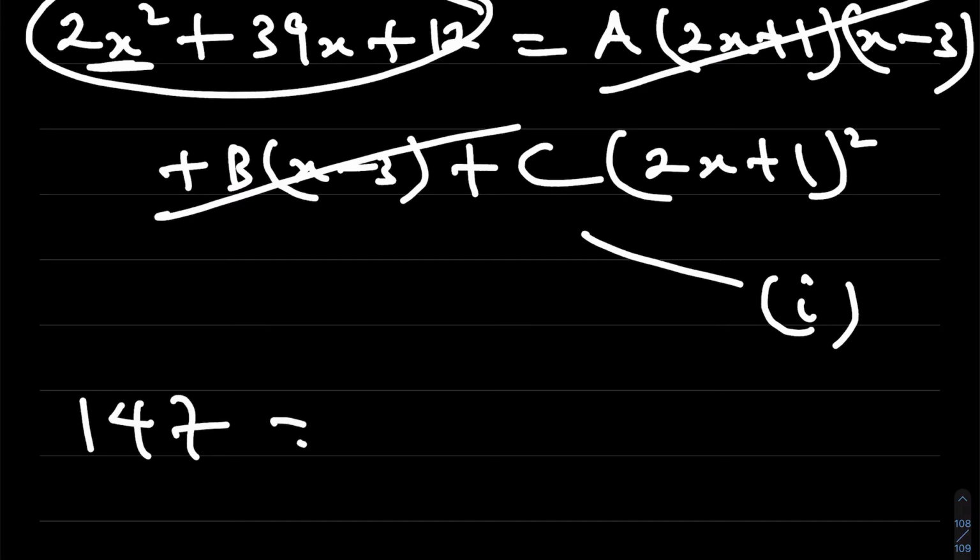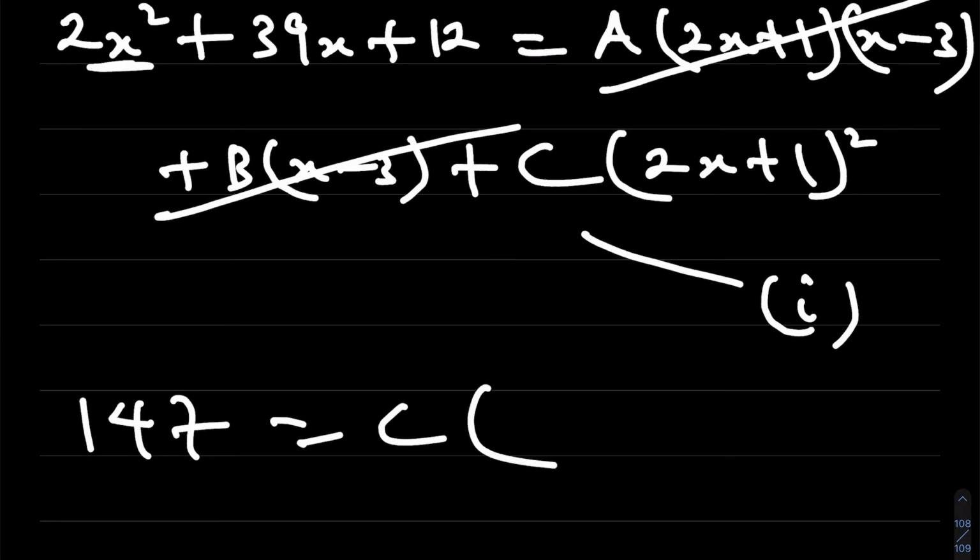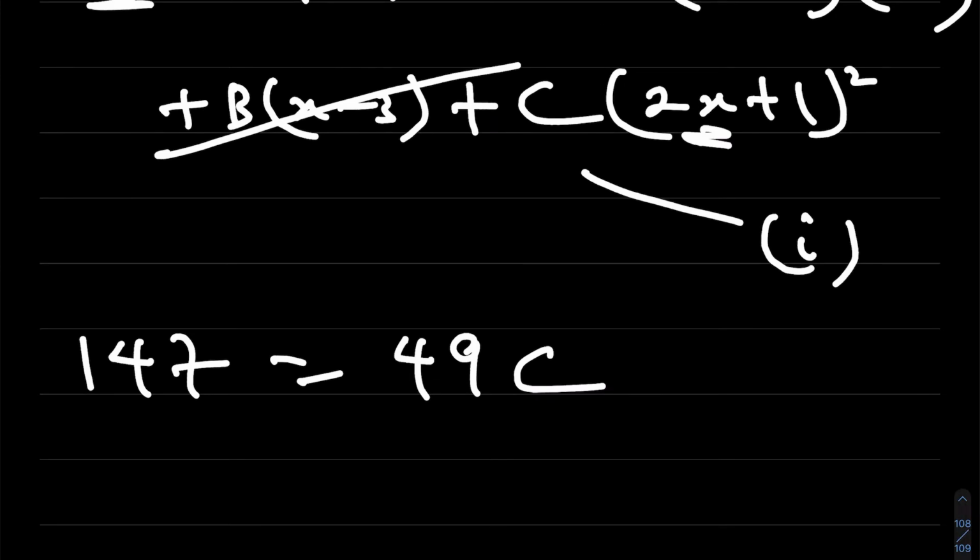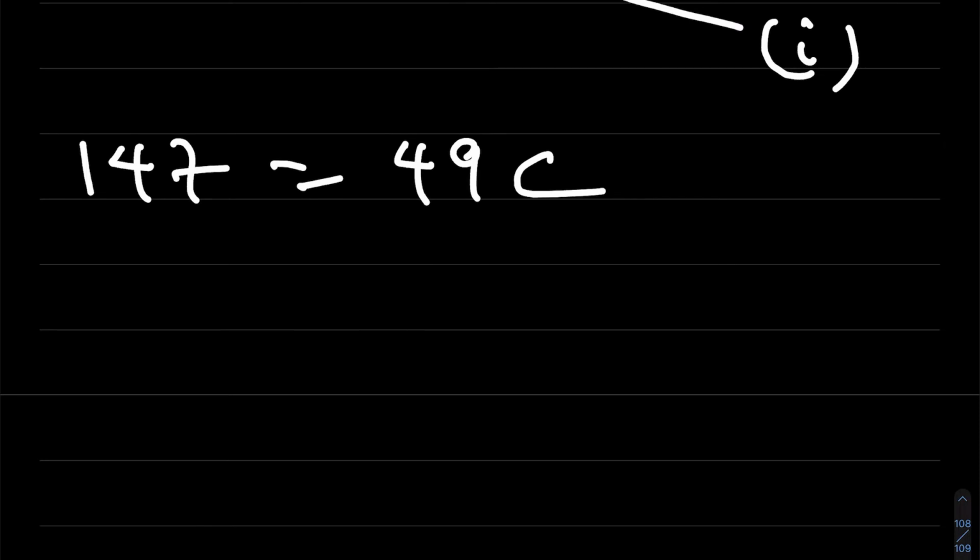147, and that's equal to c into bracket 2 times 3 is 6 plus 1, 7. 7 squared is 49, and that will be 49c. That's what will be left on the right hand side. Now that simply means c is equal to 147 over 49.